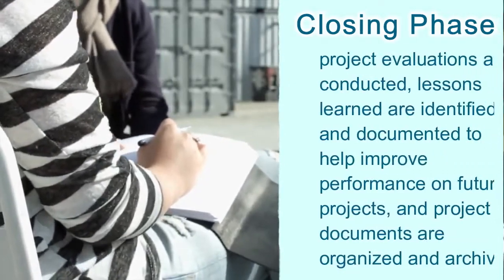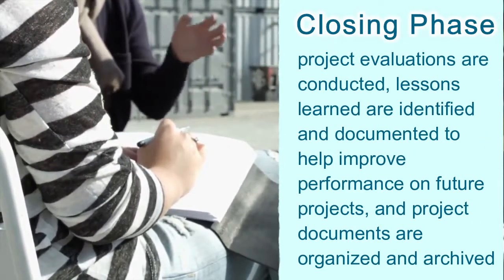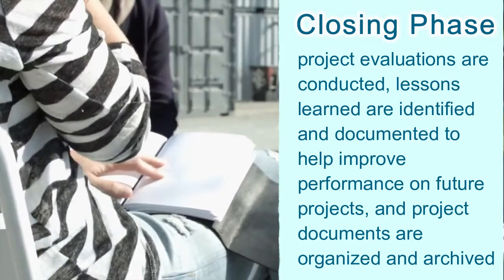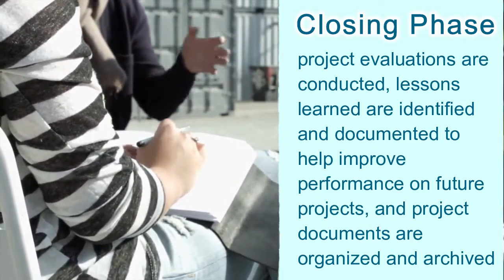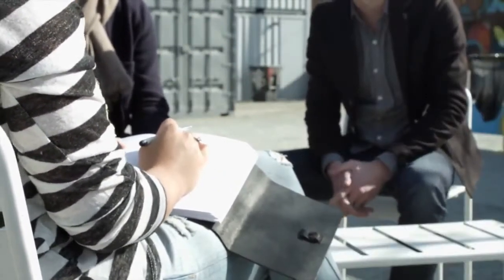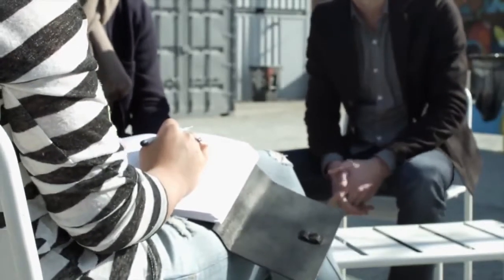Closing phase. In the closing phase, project evaluations are conducted, lessons learned are identified and documented to help improve performance on future projects, and project documents are organized and archived.